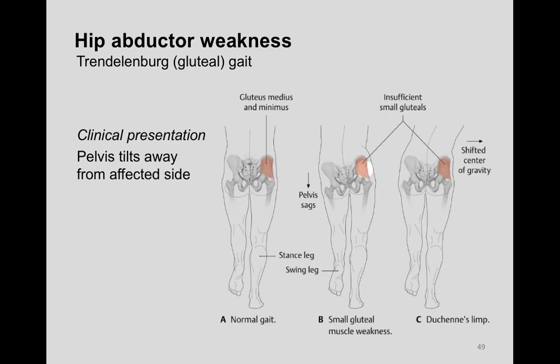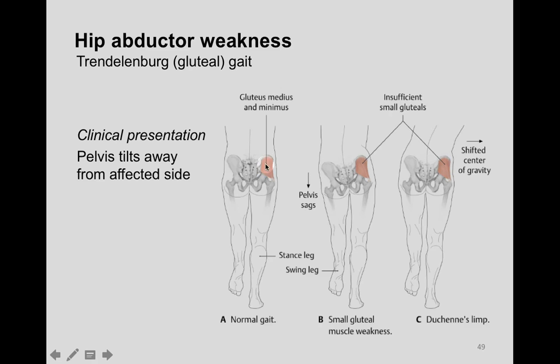And in extremely chronic situations of long-lasting Trendelenburg gaits, we would actually find that the patient would compensate for the ineffective small gluteals by shifting the center of gravity of the body by leaning the torso to the affected side. So the overall goal for the system is to keep the pelvis level.